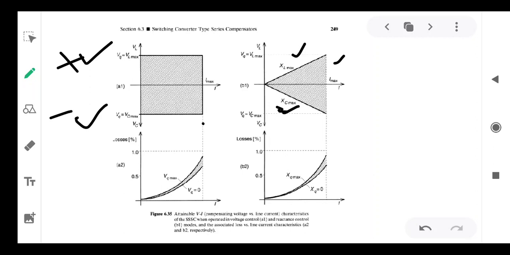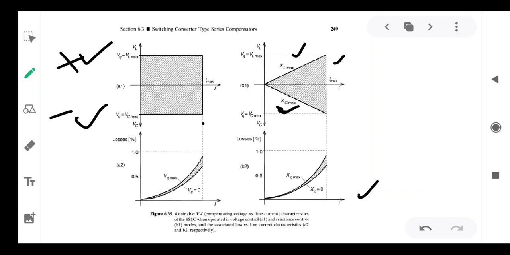So the SSC can be operated from XC max to XL max. In between, the hatched portion of the impedance characteristics is the SSC operating region, and the corresponding loss characteristics. Current is plotted on the x-axis, losses are plotted on the y-axis, and losses are expressed in terms of reactance XQ.